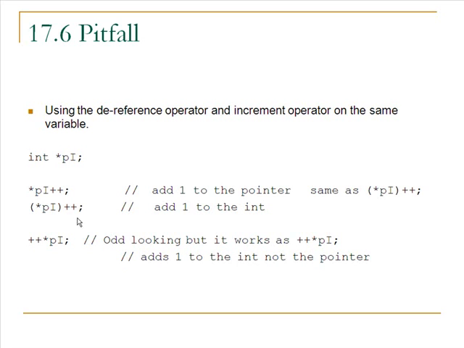There are cases where you would want to do either, and you have to make sure that you're grabbing onto what you want to add 1 to. So the first one is pointer arithmetic, where you're adding 1 to an address, and the second one is where you're adding 1 to an int.